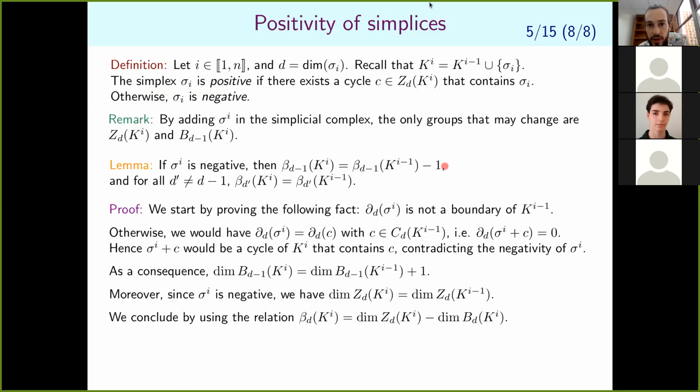Let me correct something. Yeah, this should be d minus 1 here, d minus 1, and here we use a relation at d minus 1, too.